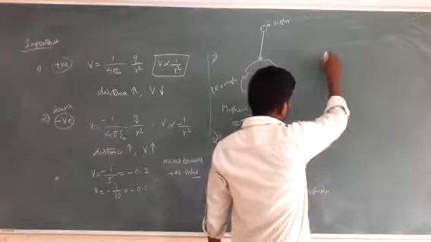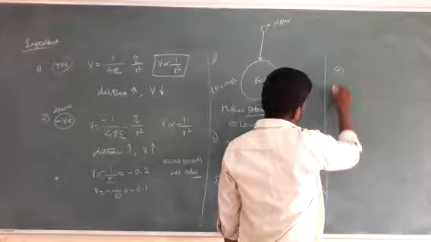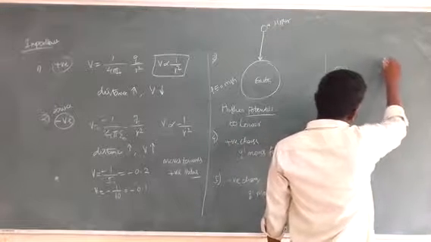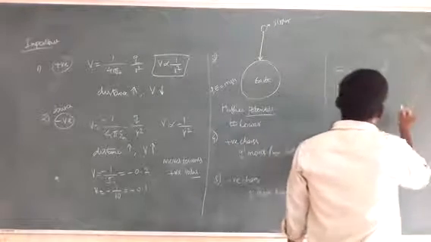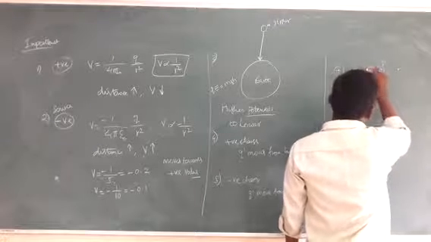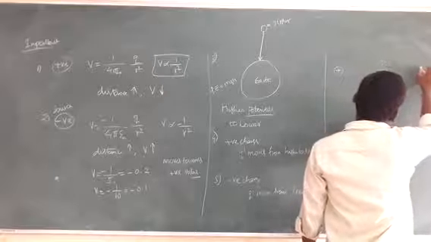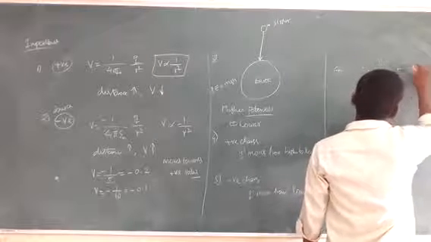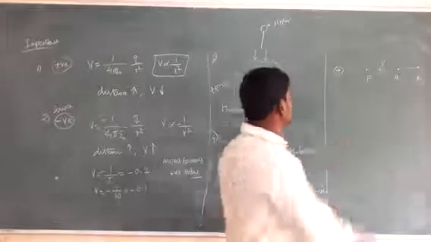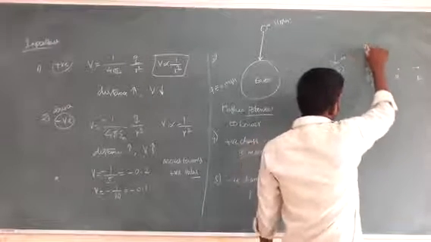First, for a positive charge Q, with a test charge plus Q dash. There is one point, another point, so it's P, Q, then R. What is the potential at point P? It's the potential at point P due to the source charge, that is Vp.